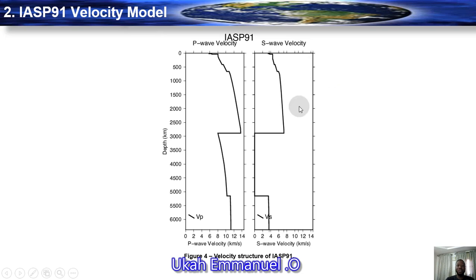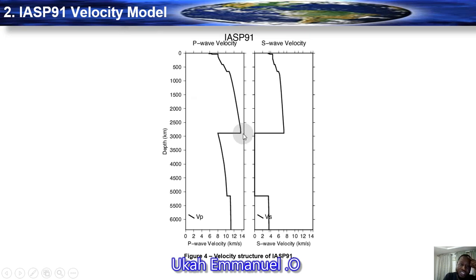It does not resolve density and does not resolve attenuation, and there are no water layers. Normally the discontinuity in the mantle is at 400 to 660 kilometer depth.